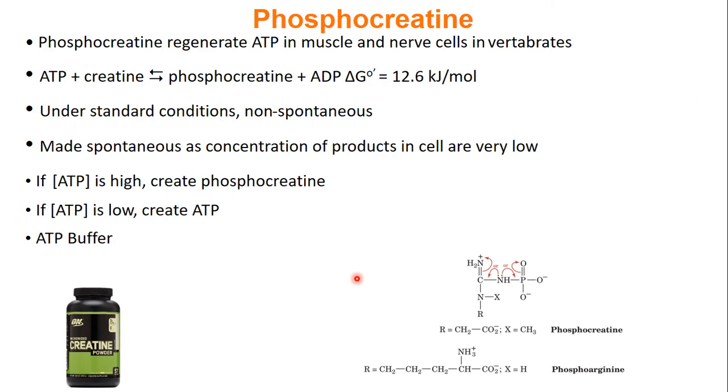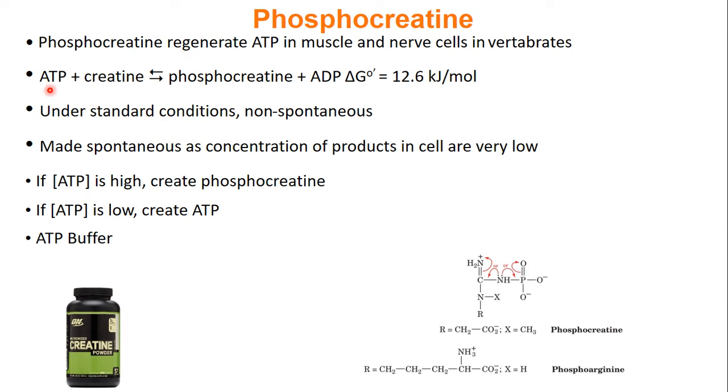Now, talking about phosphocreatine, if you've gone through the health food area of your supermarket, or where they keep all the health pills and powders and what have you, you might have come across creatine. And the reason they sell creatine in a big old bottle like this is because in your muscles, phosphocreatine will regenerate ATP, and also does it in your nerve cells.